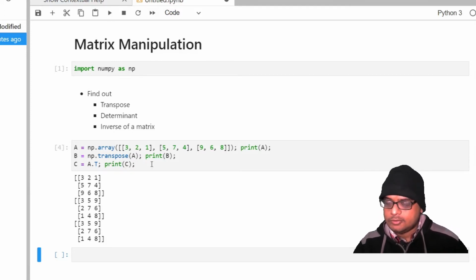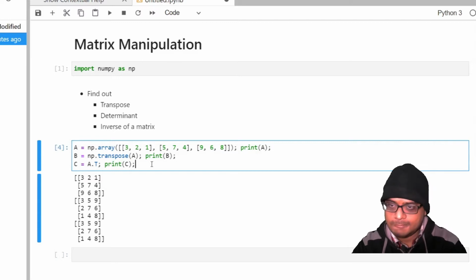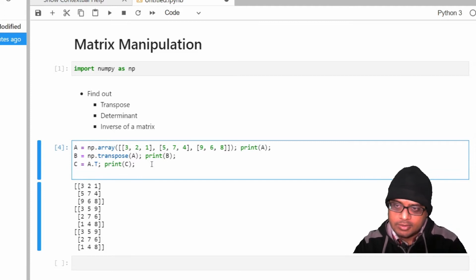There is another way of checking whether all the elements of two matrices are equal. Suppose I've done the transpose using the two methods: one is np.transpose and one is A.T, and I want to check whether B and C are identical.